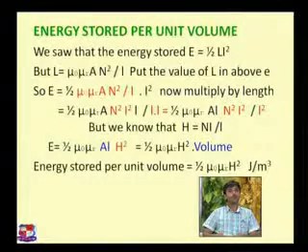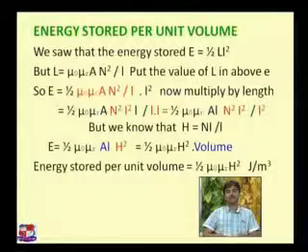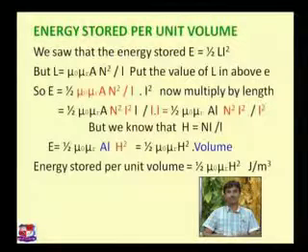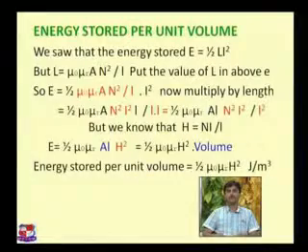Here volume is equal to A into l. A is the cross section area of the bar, and l is the length of the bar. So we get equation energy stored per unit volume is equal to 1/2 mu 0 mu r H square joule per meter cube.